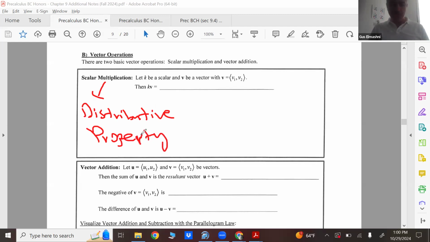Really not that much different than the distributive property. So if you've got a k in front of v1 and v2, whoop-de-doo, just distribute it. That's all you've got to do: kv1, comma kv2. That's all.